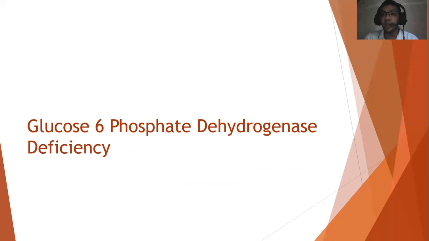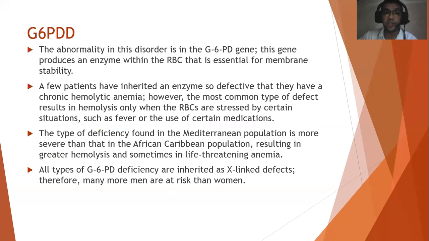We have PKU or phenylketonuria. We also have congenital adrenal hyperplasia, congenital hypothyroidism, and maple syrup urine disease, MSUD. So these are the different diseases that are detected through newborn screening, including this one, G6PD deficiency.